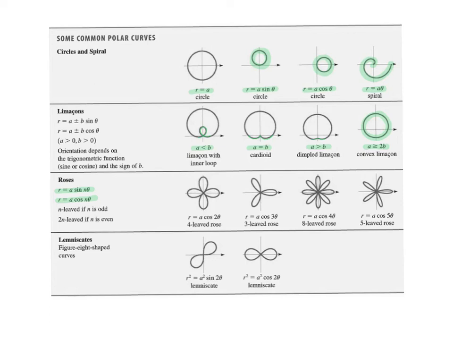We have a lemniscate, which is just a figure 8. If it's a sine, it's doing this diagonal figure 8. And if it's a cosine, it's along the x-axis. You can always use these if you recall them instead of using a graphing calculator.